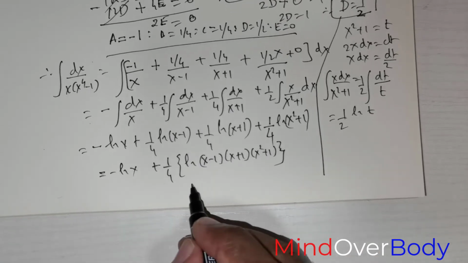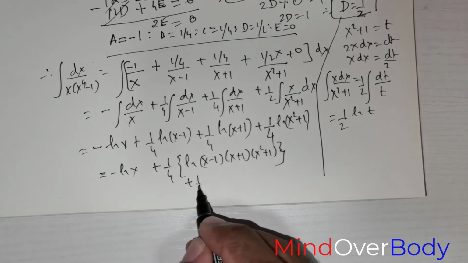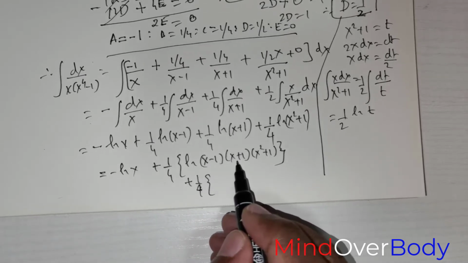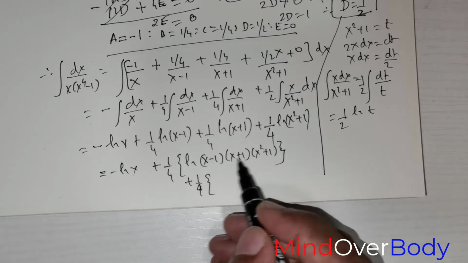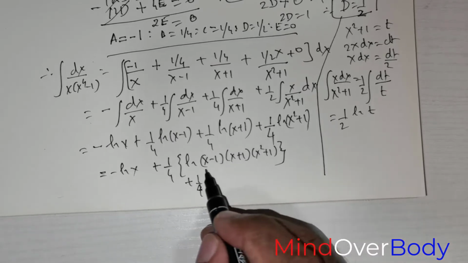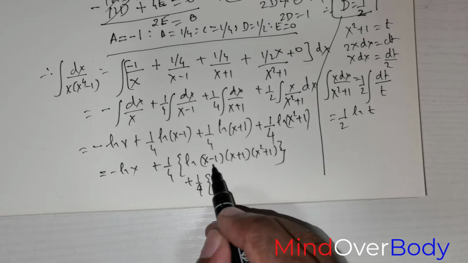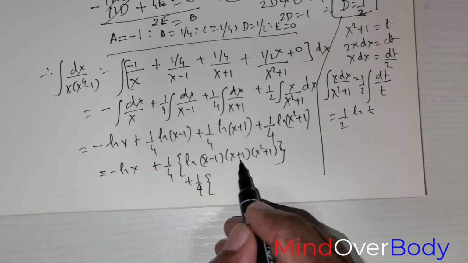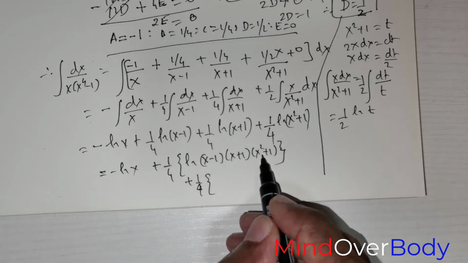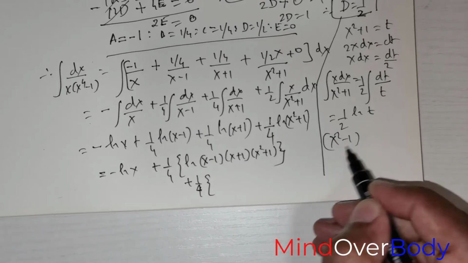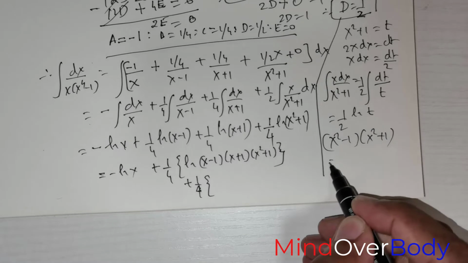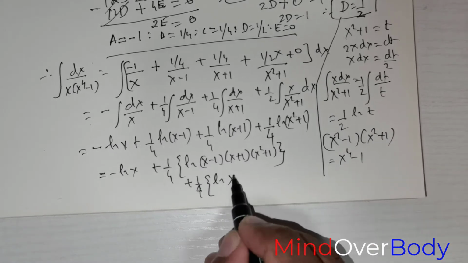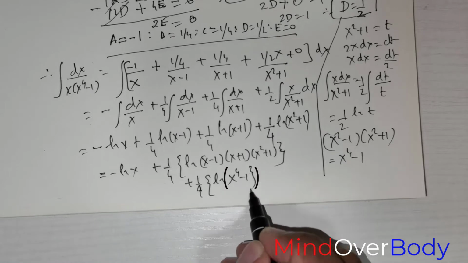And this can be further rewritten as 1 over 4 times ln ABC, because you got a product here. So x minus 1 times x plus 1 will give you x squared minus 1. You got an x squared plus 1. This is actually x squared minus 1 multiplied with x squared plus 1. That's going to be x to the power of 4 minus 1. So you got ln of x to the power of 4 minus 1. So this is what you got.